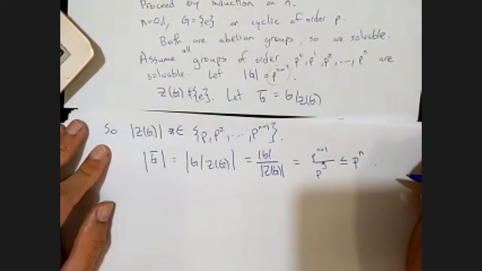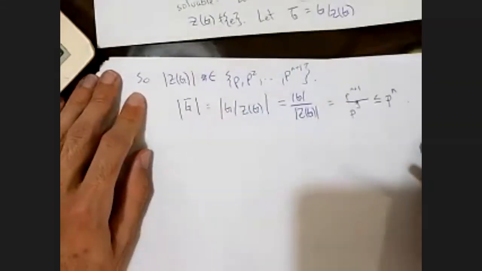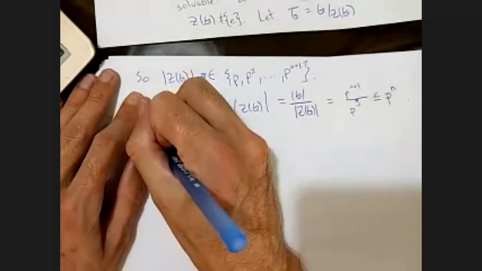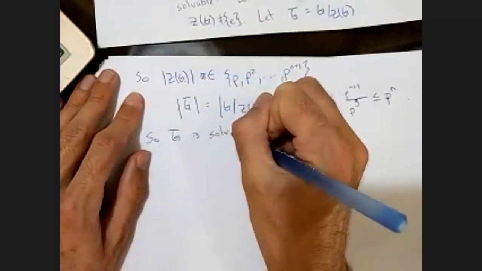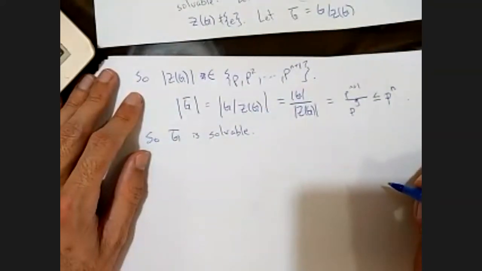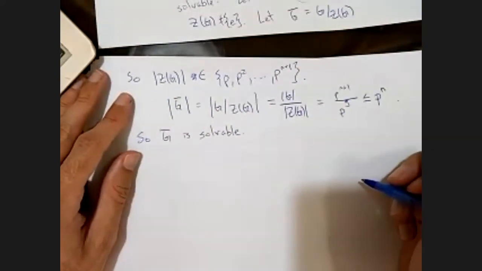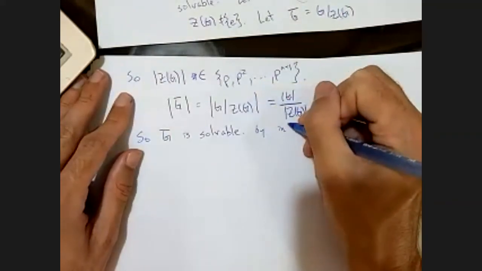Okay, and now our induction hypothesis tells us that G bar is solvable, by induction hypothesis.